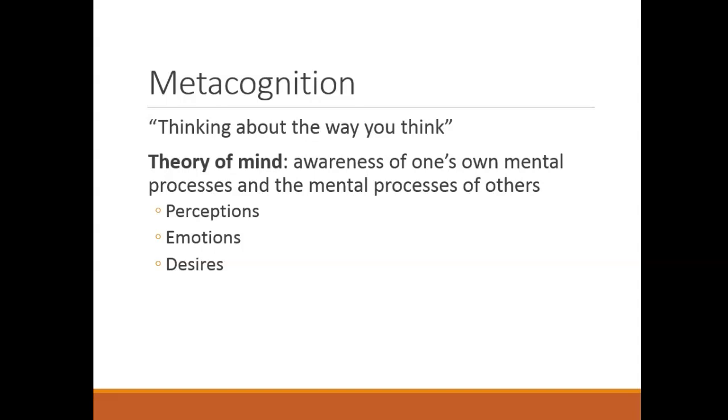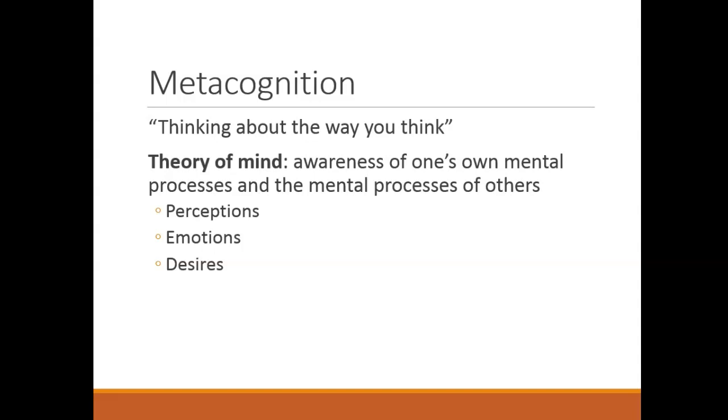And then there's emotions. Just because we feel something doesn't mean that they feel something, or they might feel an emotion. So a child who has developed theory of mind might see a child looking sad and recognize that they're sad and go over and be like, hey, are you okay? And then there's awareness of people having different desires than you.